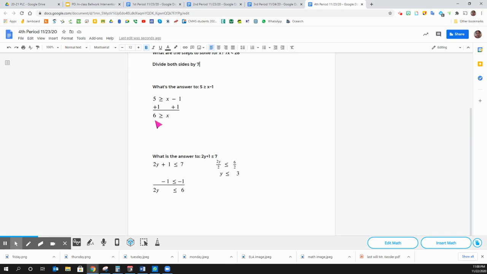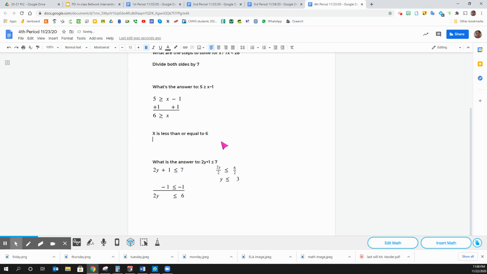So this now says 6 is greater than or equal to x, and it asked you what the answer was, but it only provided you answers where x was the first thing in the answer. So the correct answer to this question is x is less than or equal to 6.